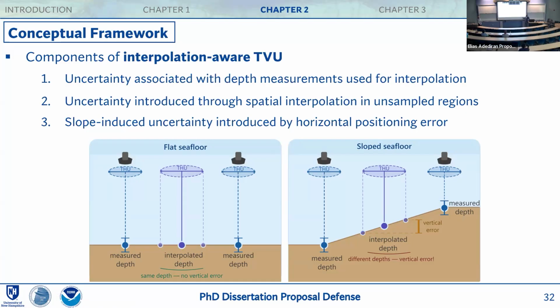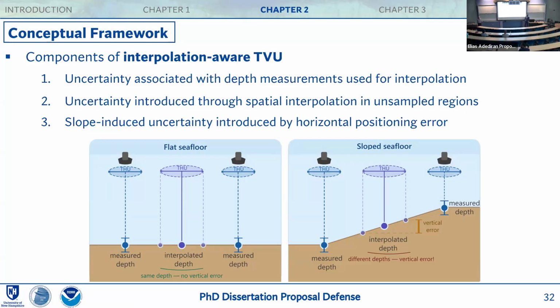So that maybe brings up an important point. How much is this slope-induced uncertainty, and how important is that to the ITVU model I'm talking about, or maybe I'm just the one thinking too much? Please, if you have ideas. I think the slope issue is the key issue.